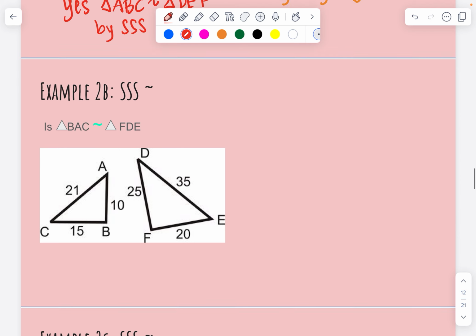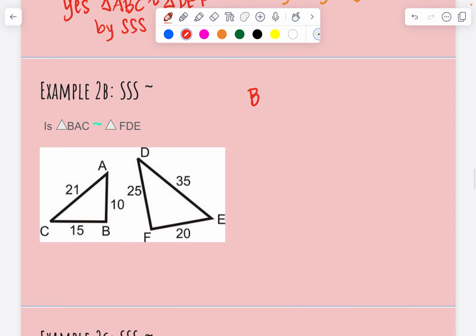Let's look at another one here. Is triangle BAC similar to triangle FDE? If they were similar, BA over FD would have to equal AC over DE, and BC over FE. So is that true?